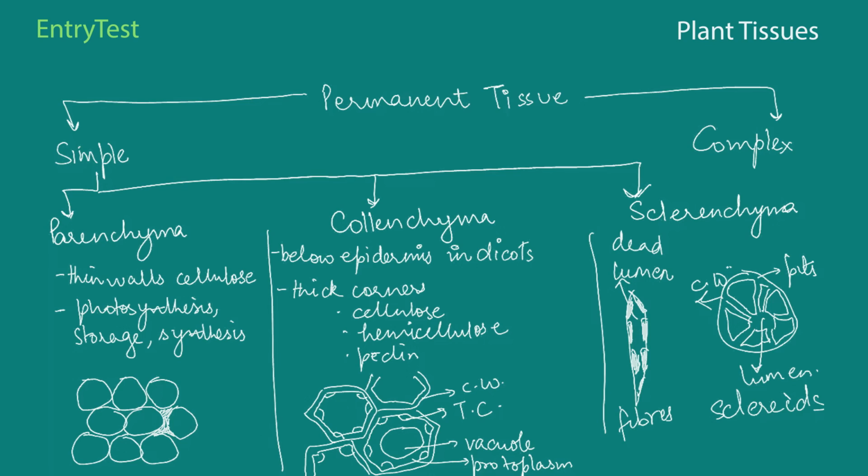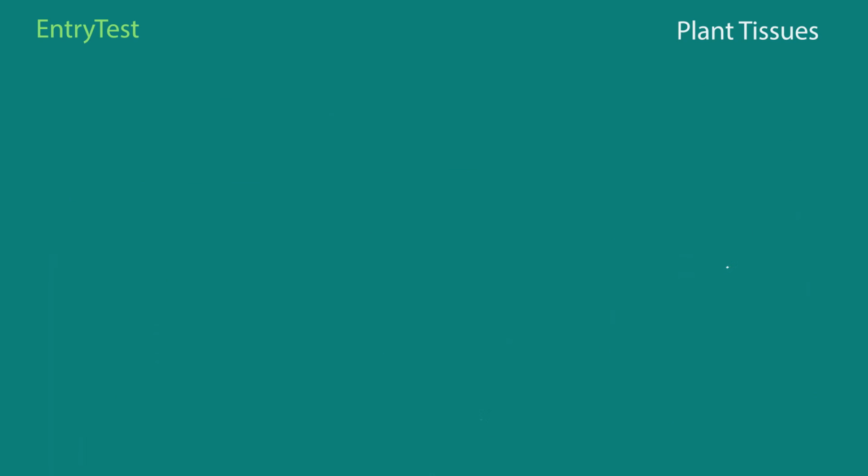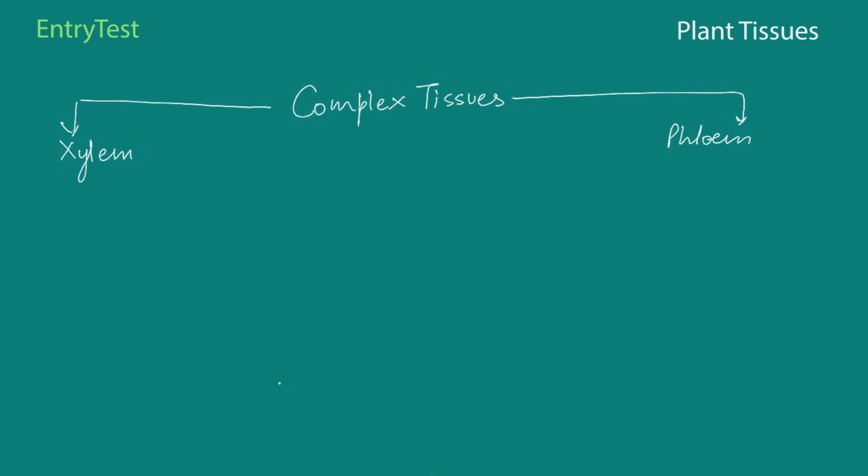The next thing we have to do is go to the complex tissues, that is the xylem and the phloem. So these are the two kinds of complex tissues, xylem and phloem. The basic purpose of xylem is to carry water and minerals from the roots to other parts of the plant, that means to the stem or the leaves, and also to give mechanical strength.